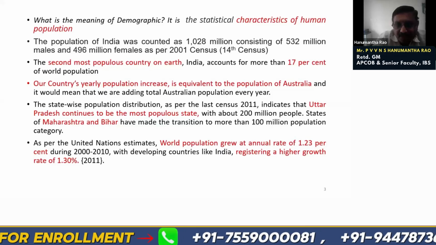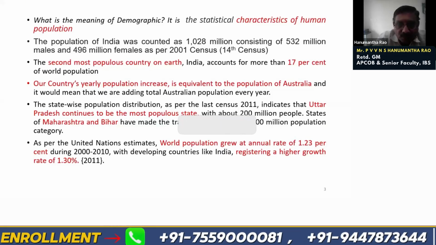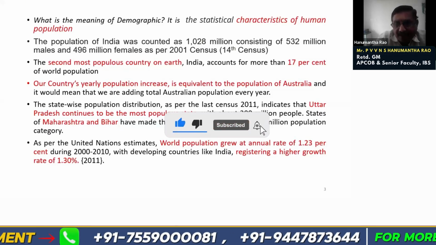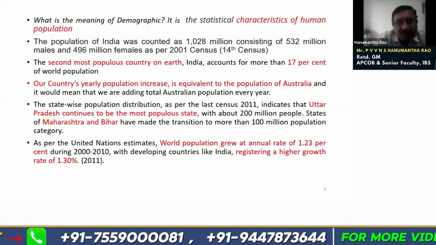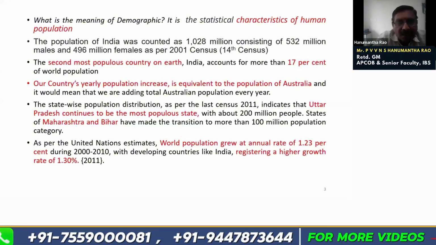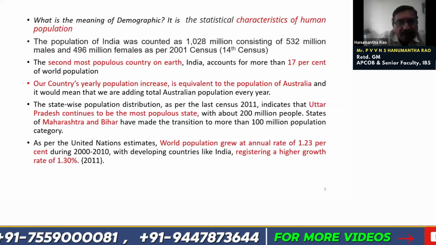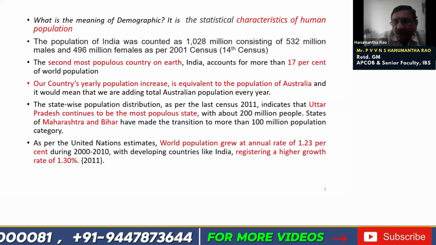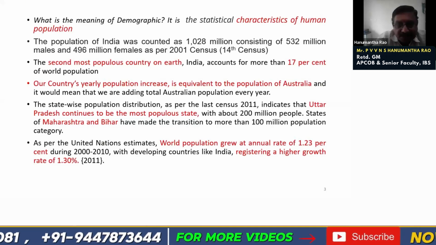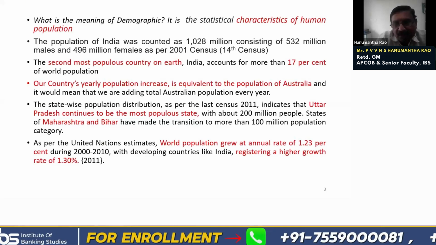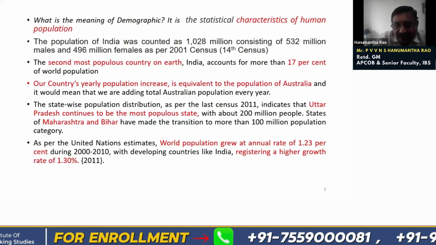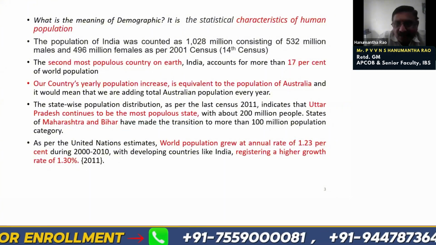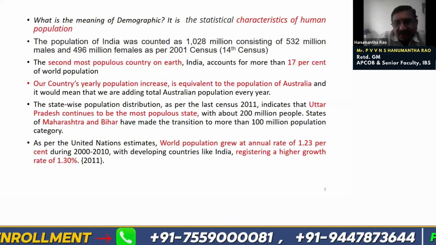Further, with regard to growth of population, when we compare it with other countries' population, as per United Nations estimates, world population grew at an annual rate of 1.23% during 2000 and 2010, whereas India has registered the growth rate of 1.30%, friends.